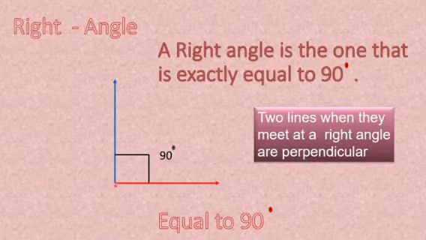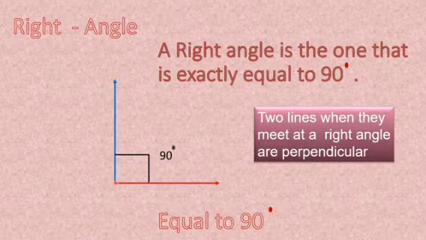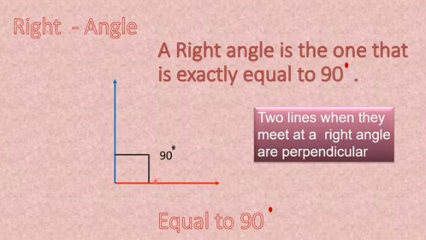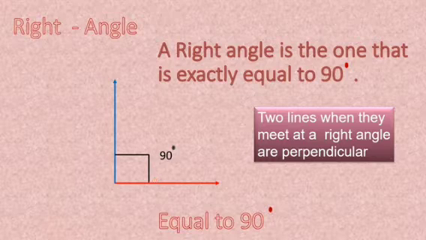If I extend this line further down and extend this ray further down, then this acts as an intersection point. So this becomes a set of intersecting lines which form a right angle at the point of intersection. Okay, so a right angle is the one which is exactly equal to 90 degrees.